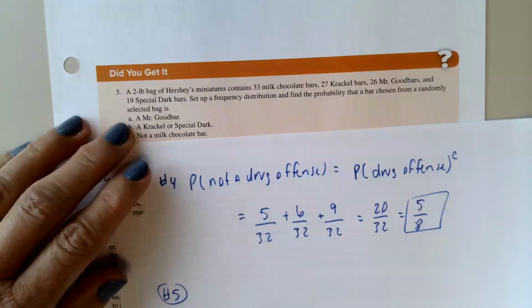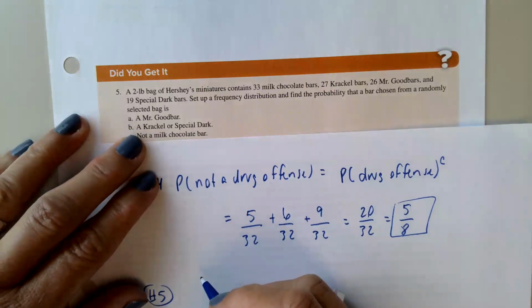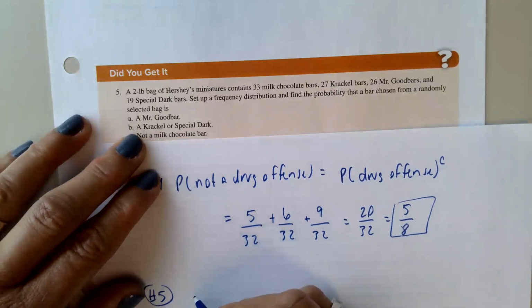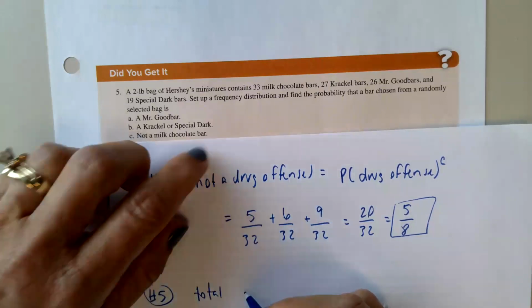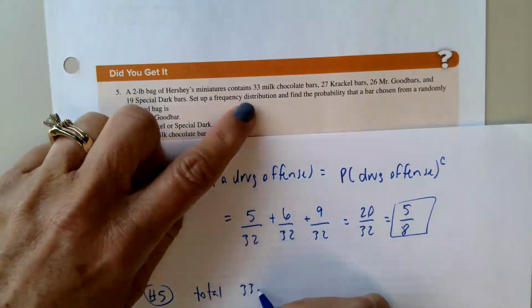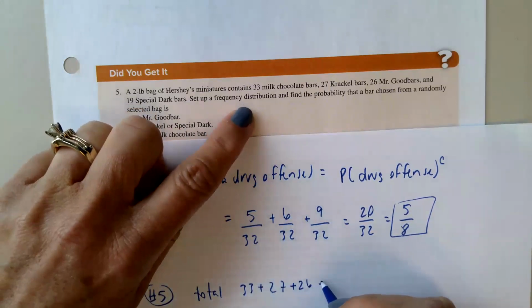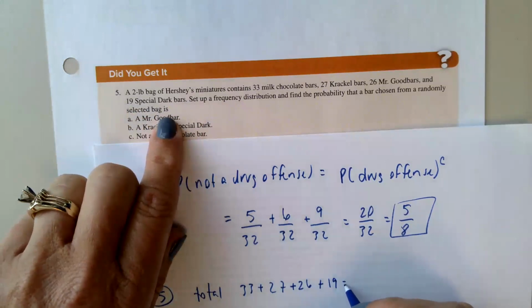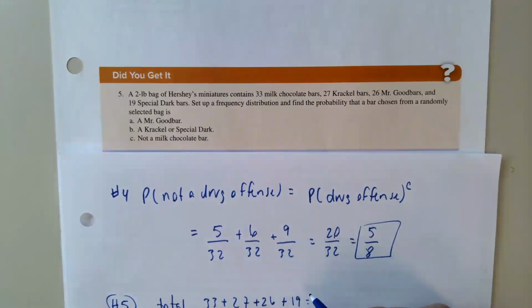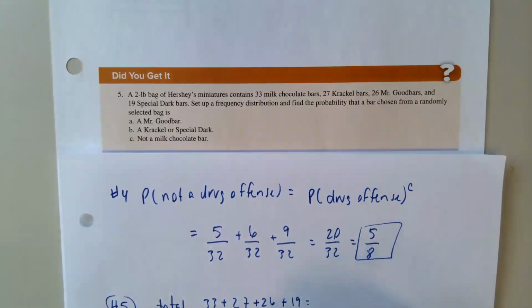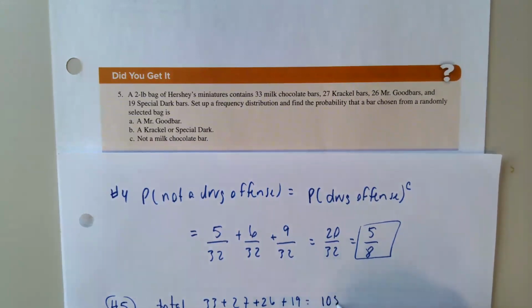So first we have to find out how many are in there altogether. So that would be 33 plus 27 plus 26 plus 19. So that would be 60 and 45 is 105 total.